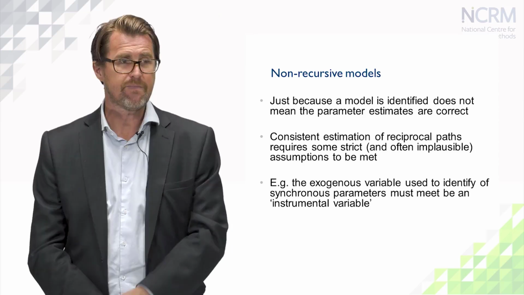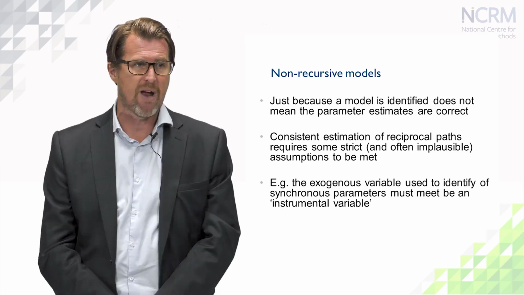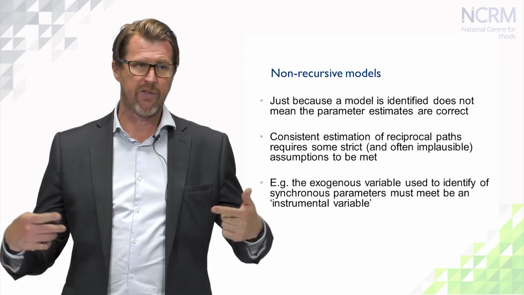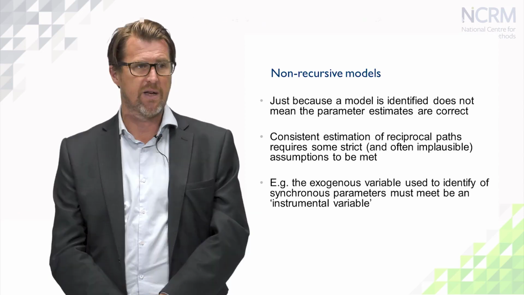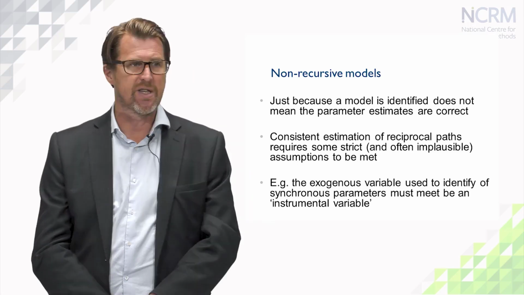So, as I said, if we have a model, it may be empirically identified. It doesn't mean necessarily that we can trust the parameter estimates. And in particular, if we want to have unbiased and consistent estimates for reciprocal paths, these are when we have arrows running between two variables in a model, we have to make some quite strict and some would argue often implausible assumptions about the variables in the model.